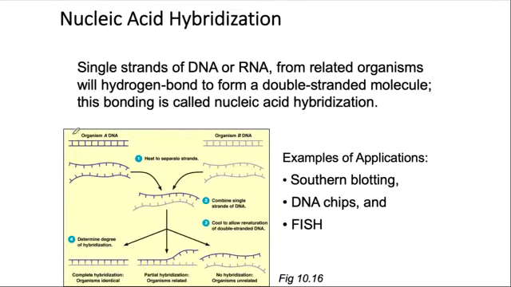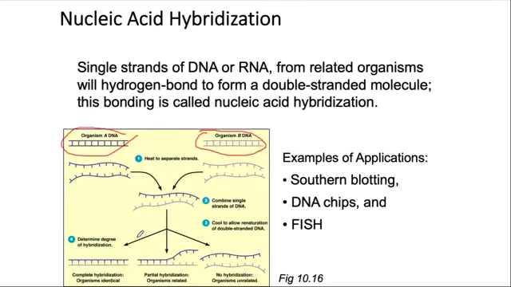So for instance, if you have a DNA organism A and then DNA organism B, what we will do is apply heat to cause the two to denature. So there is separation of the hydrogen bonds between the nucleotides for both of them. And then we'll mix them together.